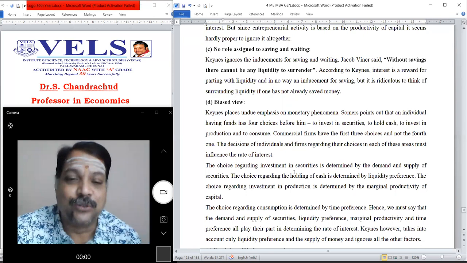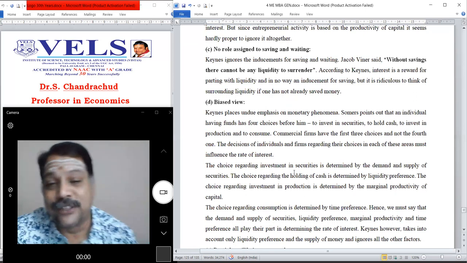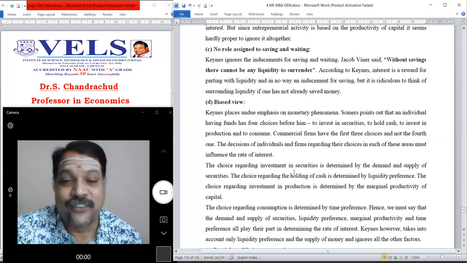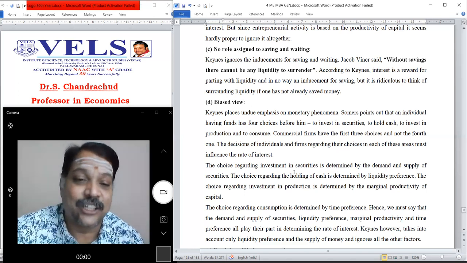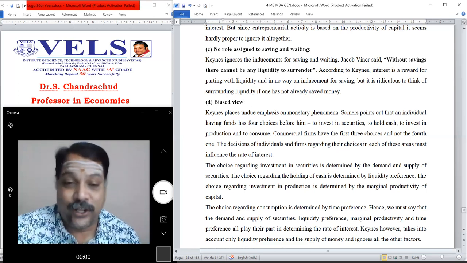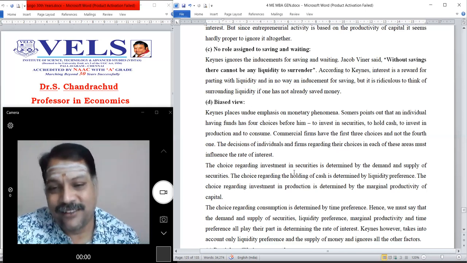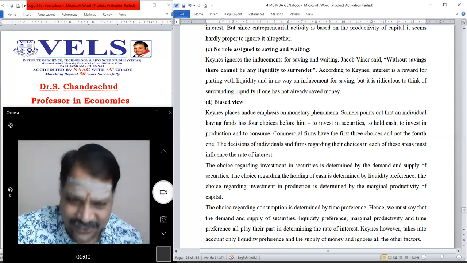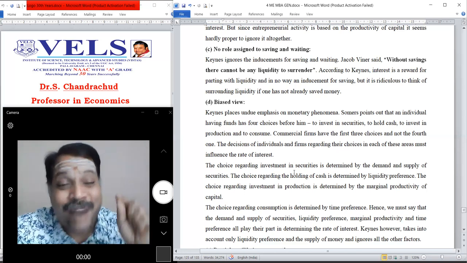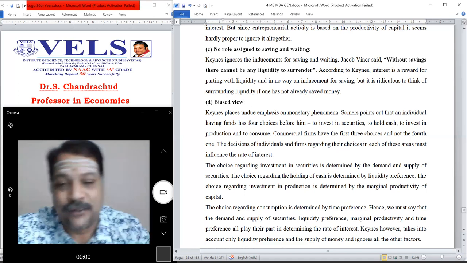The decision of the individual and the firm regarding these choices may influence the rate of interest. The choice regarding investment in securities is determined by the demand and supply of securities. The choice regarding the holding of cash is determined by liquidity preference. The choice regarding investment in production is determined by the marginal productivity of capital, but Keynes ignored that.